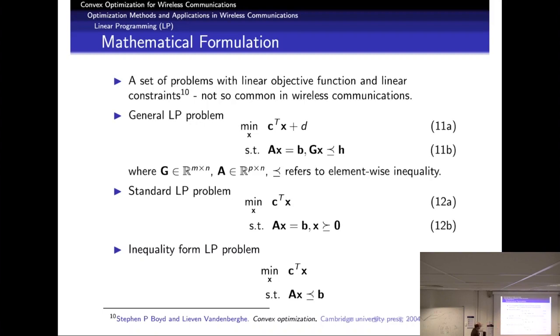Right, so this is sometimes called element-wise inequality. So the key is that you have different formulations. Some people write it like this, you can write it like this, but essentially you have linear objective functions, and you have here linear inequalities. So everything is linear.